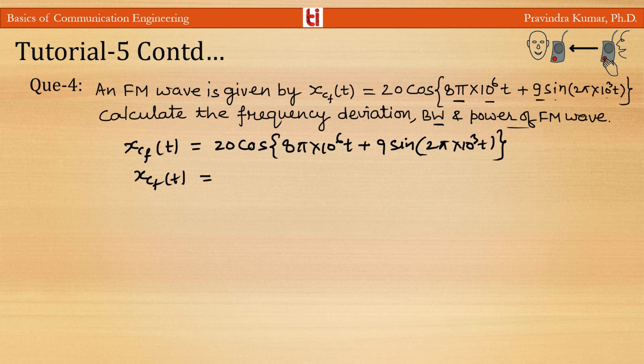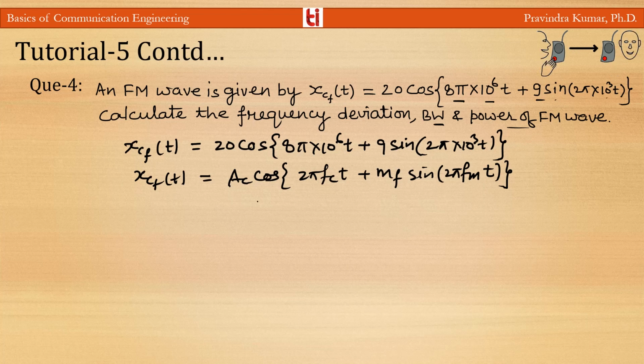xc(t) is equal to Ac cos(2π fc t plus mf sin(2π fm t)). After comparing these two equations, we have Ac equal to 20 volts and fc equal to 4 times 10 to the power 6 hertz, or you can say 4 megahertz.